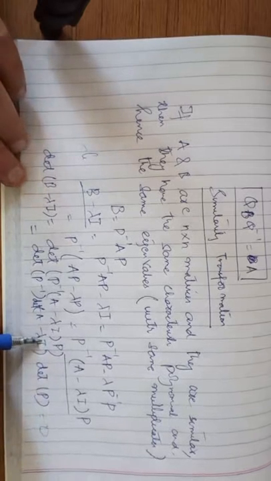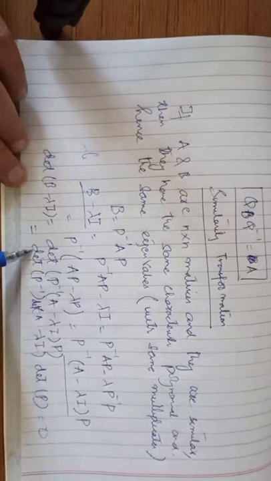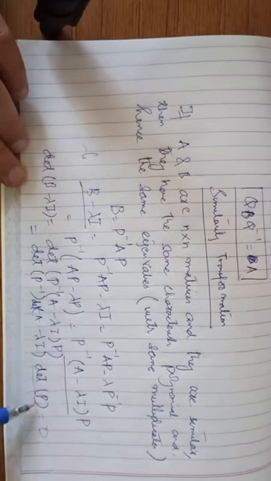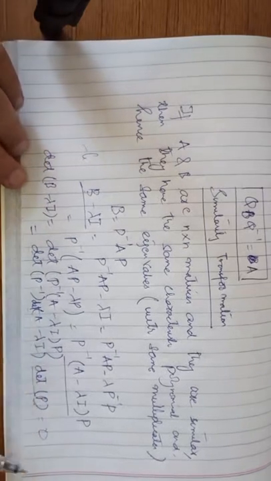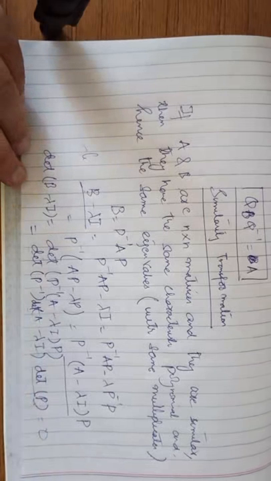It means P inverse and P have no bearing on the determinant of A minus lambda I.